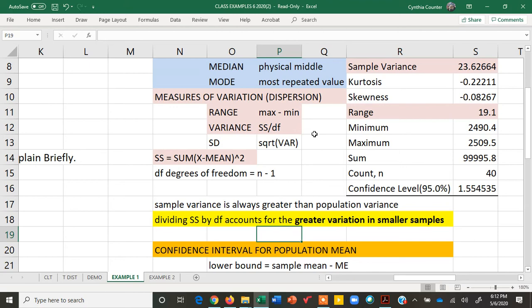It is the true parameter, so you just divide by n, the population size, and you would get a slightly different value. So the sample variance will always be a little bit bigger than the population variance, and the difference between those will be more noticeable for the smaller sample sizes.